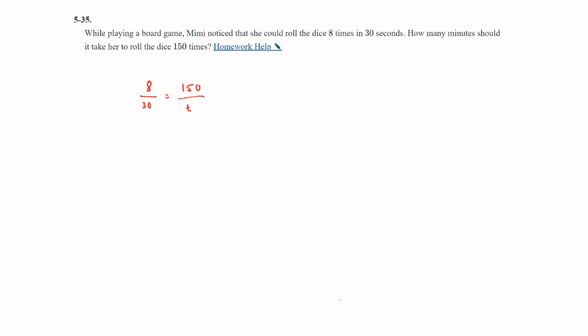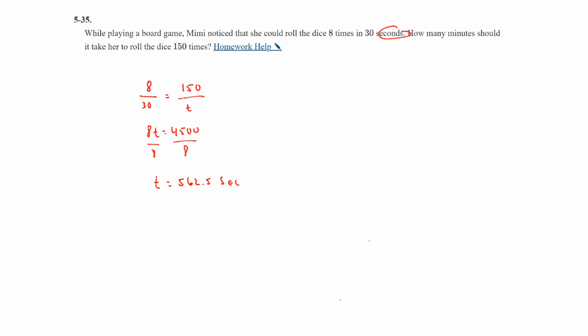So we'll do the number of rolls over the time, and then we can just cross multiply and solve for the time. So we'll get 8t is equal to 4,500, and then we can divide both sides by 8. And we get the time to be 562.5, and this would be in seconds.